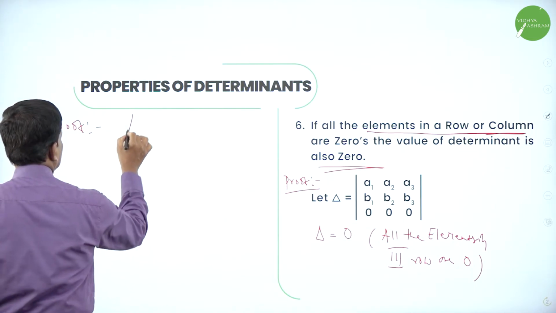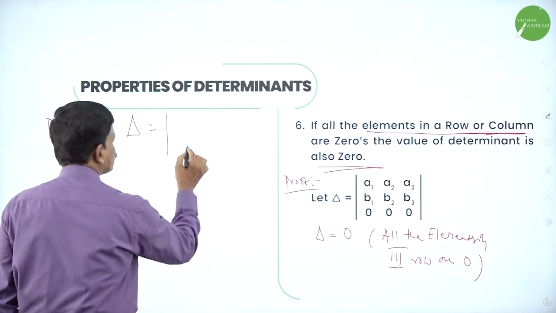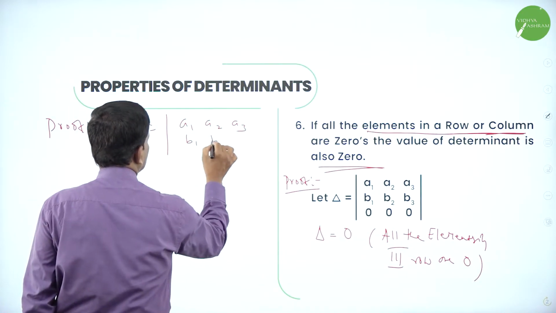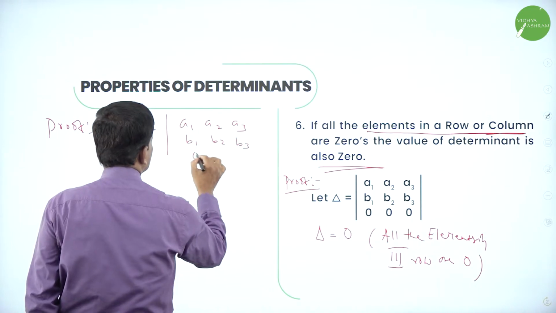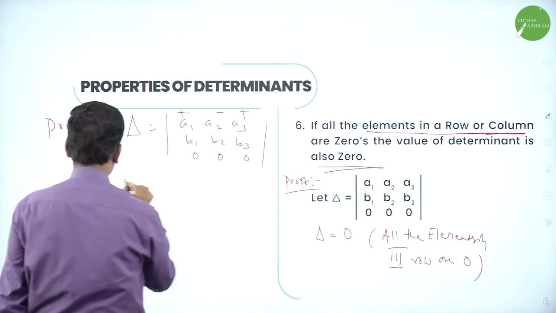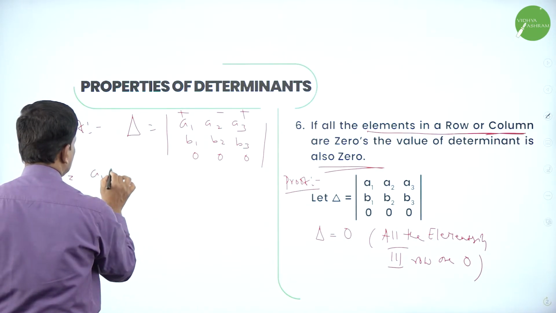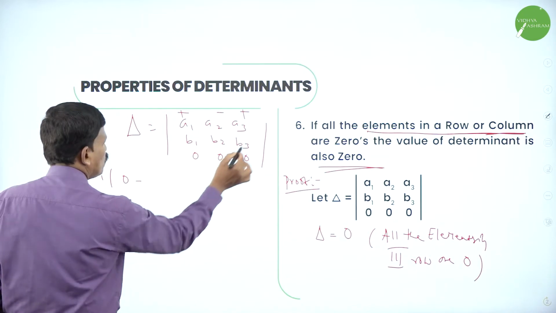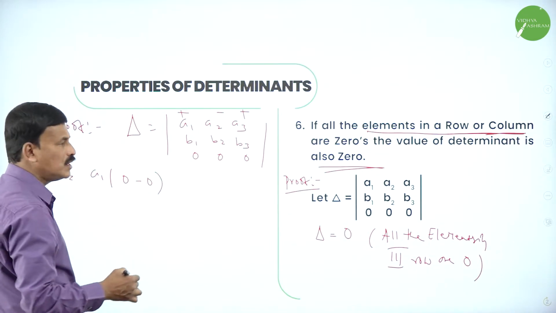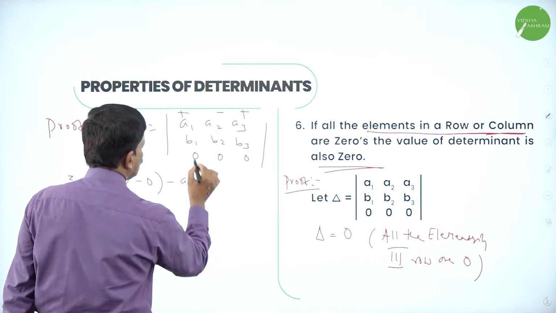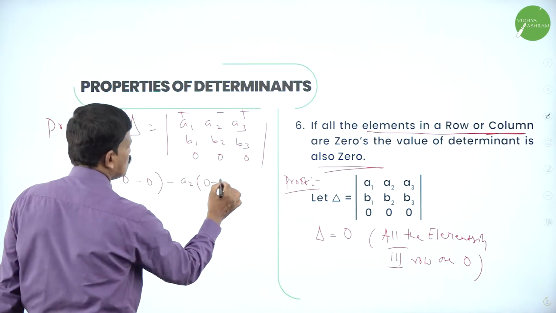Proof. Given: delta is equal to A1, A2, A3, B1, B2, B3, 0, 0, 0. Expand this with plus, minus and plus. A1 into, delete the row and column containing A1: B2 into 0 is 0, minus 0 into B3 is 0. Next, minus A2 into 0 into B1 is 0, minus 0.